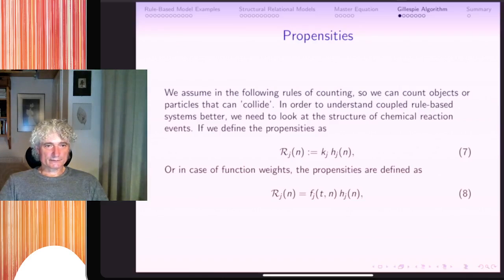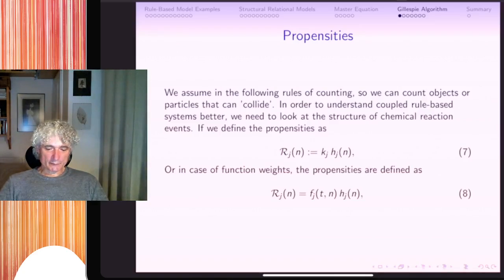This was related also to chemical reactions, if you remember, where we just have a constant reaction rate. So we define in this case the propensity, which is depending on a certain configuration n, for the rules of counting, of course. So we are again in the case where you can count objects.